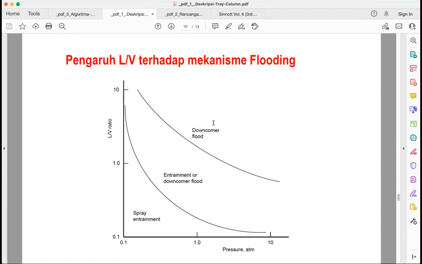a downcomer flooding. So later on in the tray column design, what you need to do is check all the criteria that we have to fulfill, and then check whether our calculation satisfies those criteria or not. If it doesn't comply, then maybe we have to change some of the parameters.